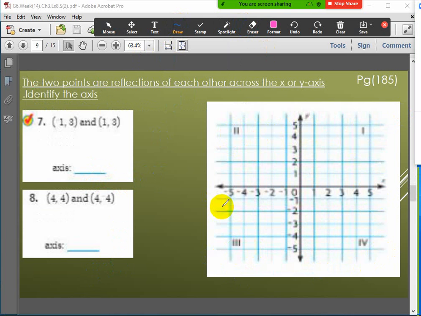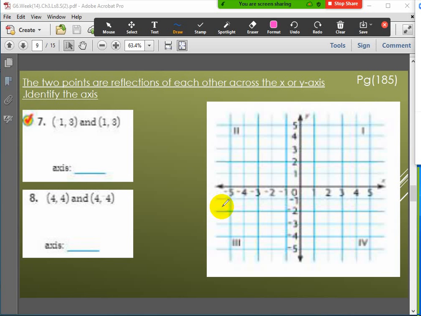Very good, Farah. So first thing here, I have 2 points and those 2 points are reflections of each other across x or y. I want to identify which axis is the line of symmetry, or which axis those points are reflections of each other across.